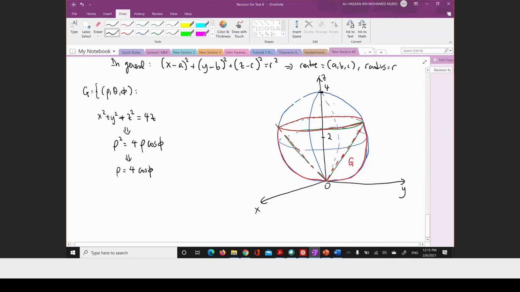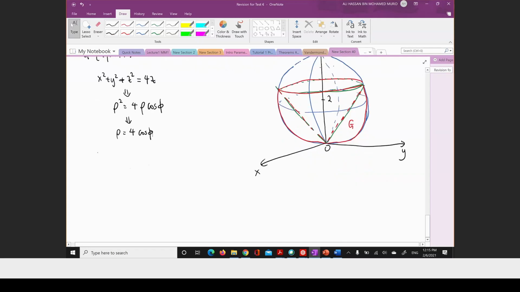That is the equation of the sphere in spherical coordinates. Therefore, rho is between 0 and 4 cosine phi.